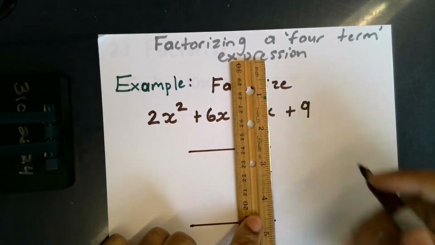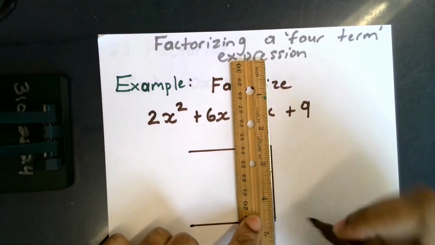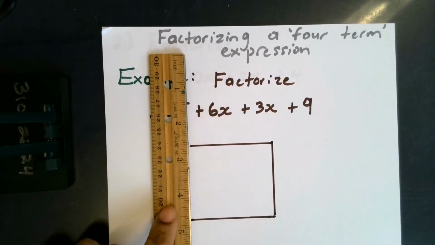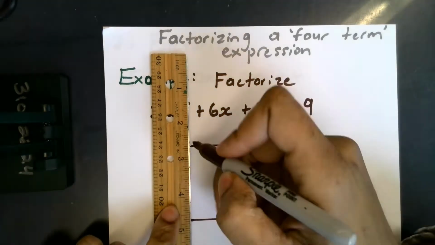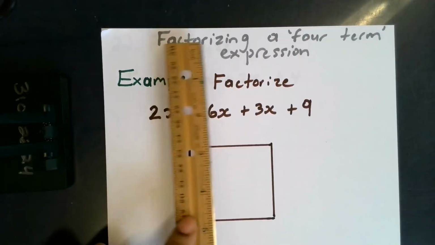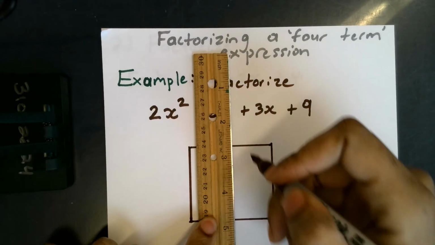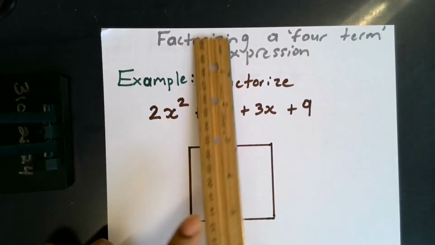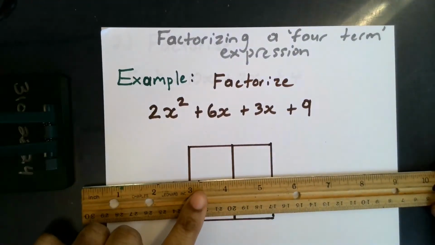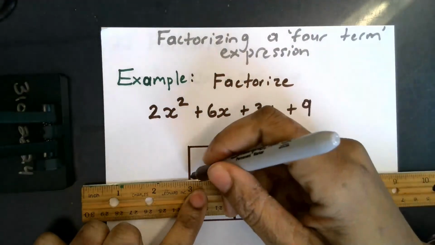You don't have to use a ruler to draw your box. I just want to be neat. I want the solution to be presentable, but you don't have to use a ruler.